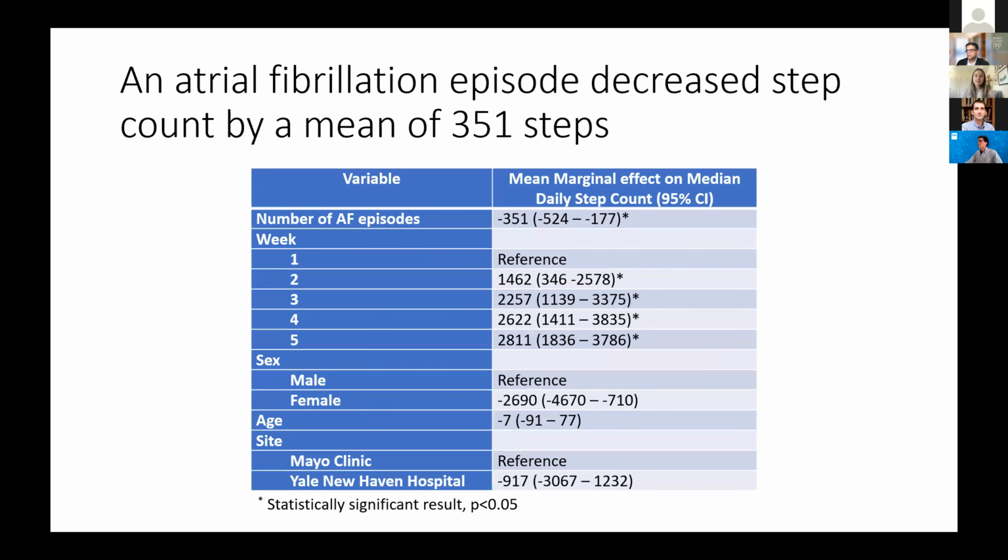Next slide. Then when we look week by week and also took into account the number of episodes, we did an episode on median daily steps for that week. Next slide.